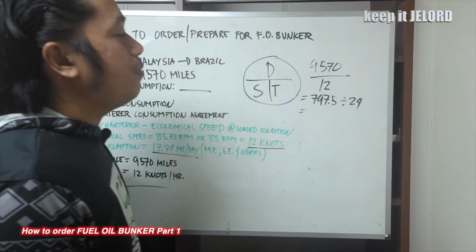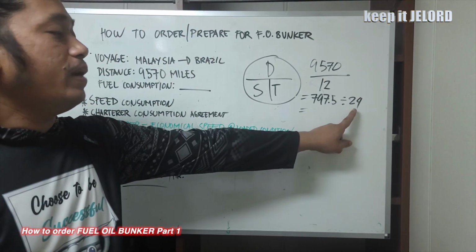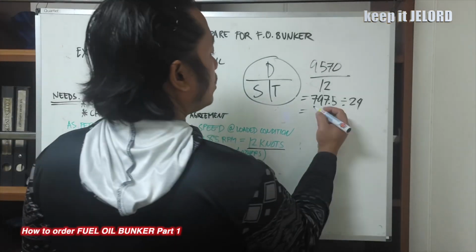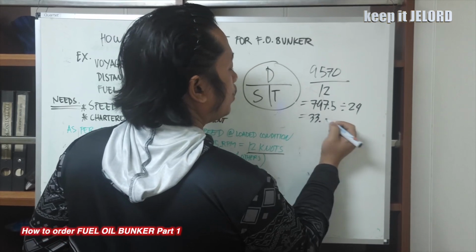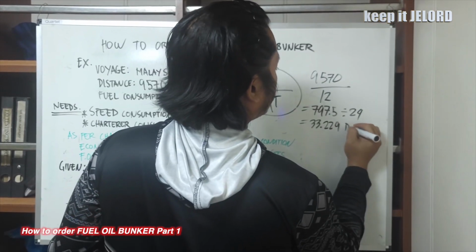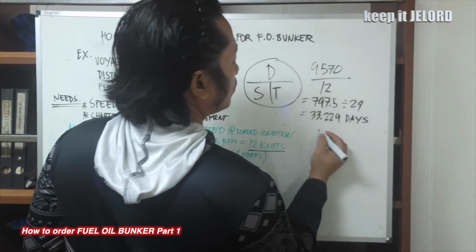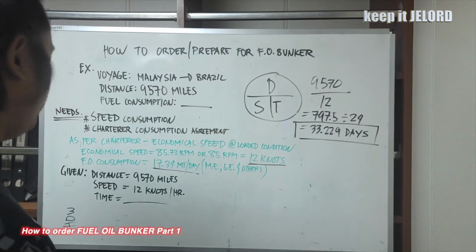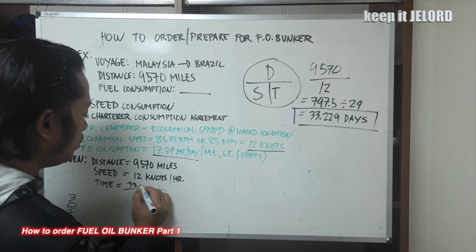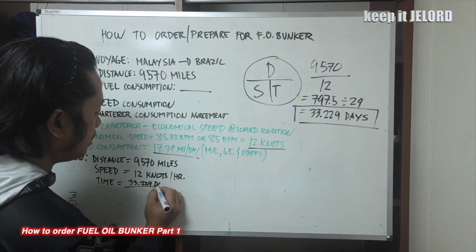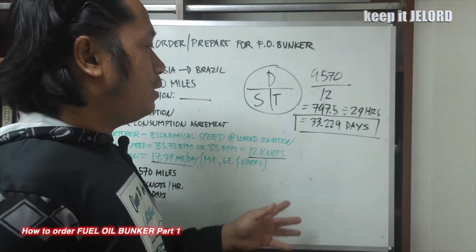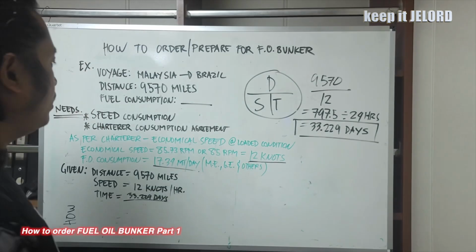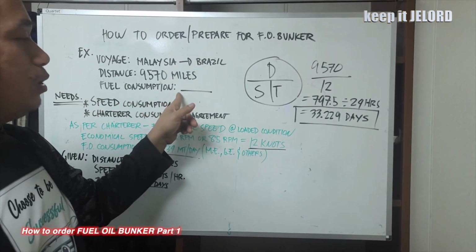How much is 797.5 divided by 24 hours? It is 33.229 days. So this would be our time, 33.229 days.